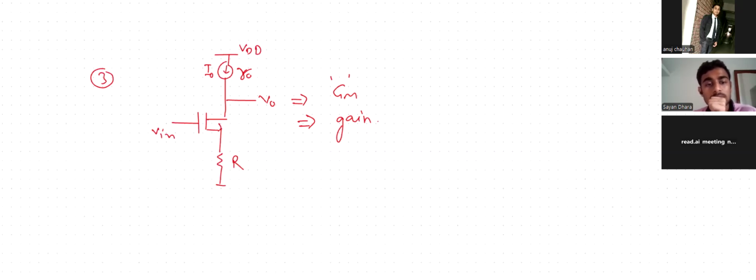Okay. GM is transconductance, and this is VO by I in, right? Sorry, it's the opposite of resistance: I out by V in, right? GM equal to. Okay, this is I naught, and here to find GM, let this be Vx.